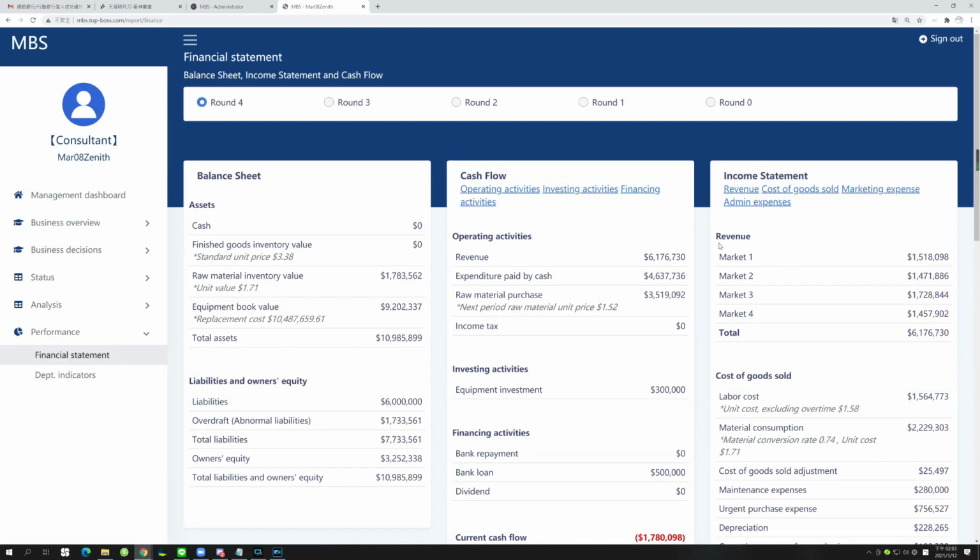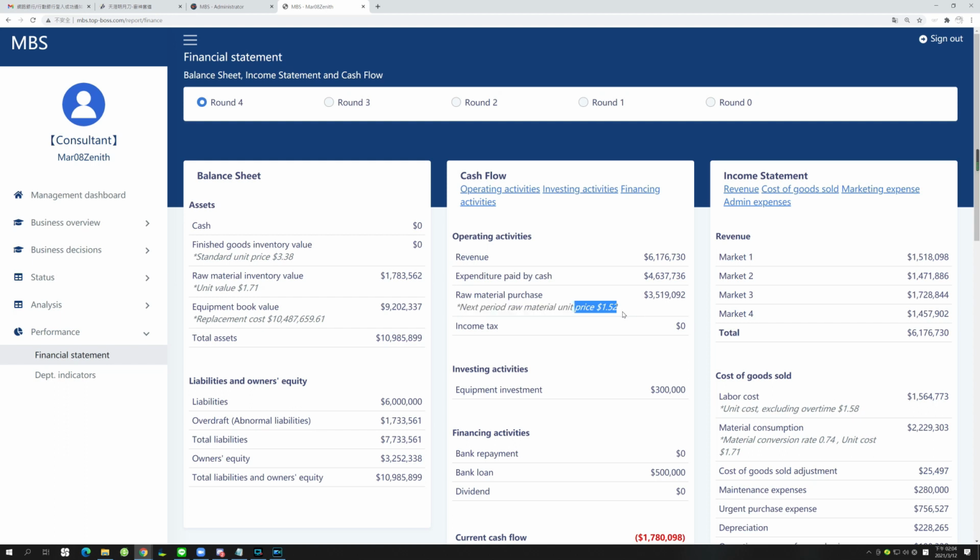When you look at the financial statement of the company, there are cash flow figures, and it shows the material unit price. We have to look at the patterns of the material unit price to see the ups and downs.